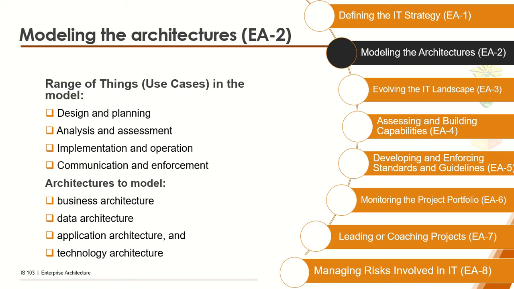So what goes into the model and what is left out depends on the model's use cases, and there is a wide range of things that can be done with an enterprise architecture model. So, namely, we have design and planning, analysis and assessment, implementation and operations. What else? Communication and enforcement.